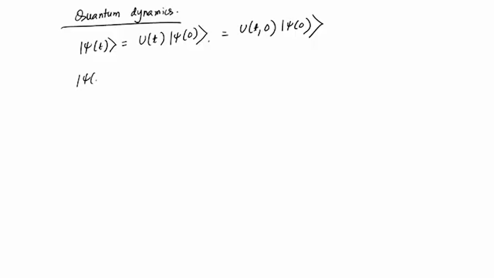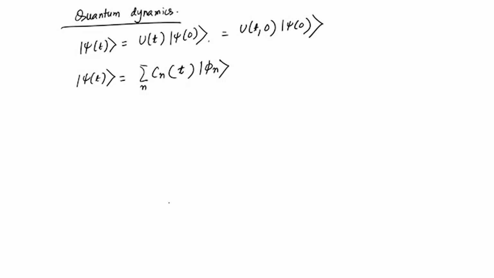One is that psi of t, which we have already written earlier in terms of its basis states. There was a C n and a phi n, which we just kept vacant for a while. Now, these phi n's are the basis states, and these basis states are usually chosen such that they are independent of time, and the whole time dependence goes into the coefficients C n of t.